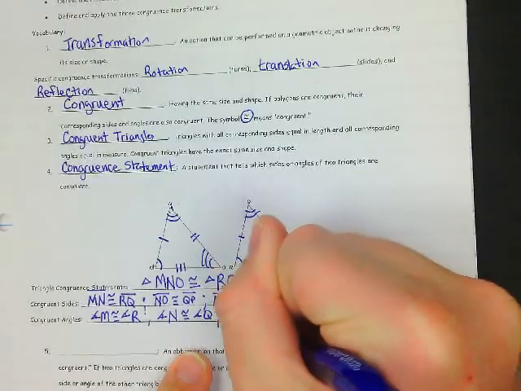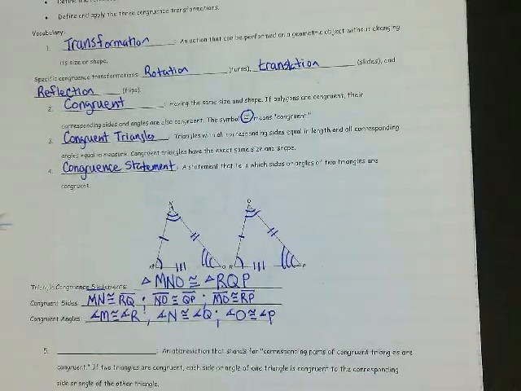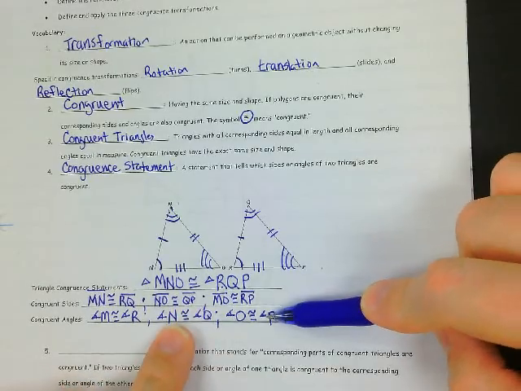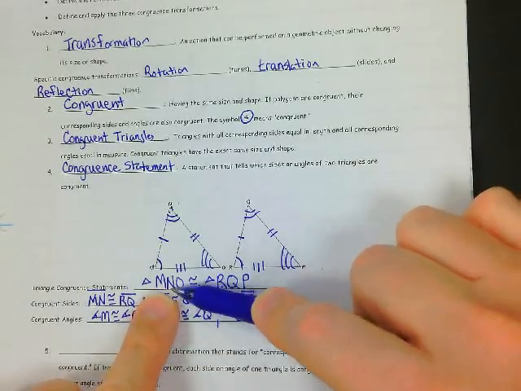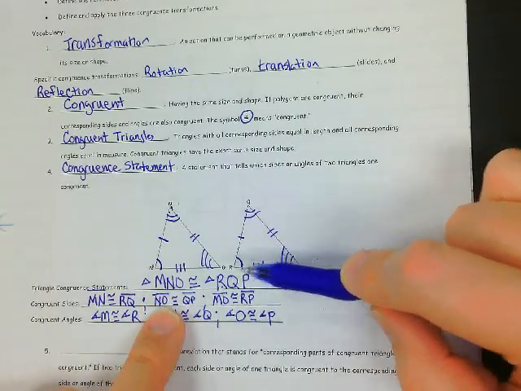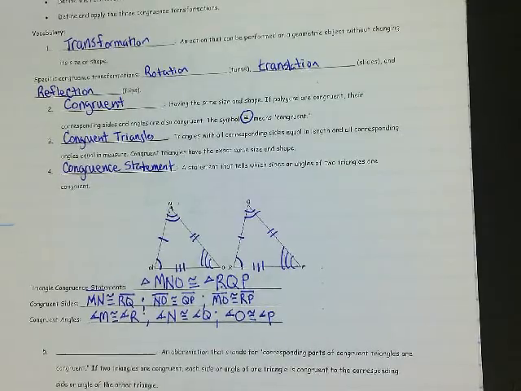So we'll say that angle O is congruent to angle P. Okay? So that's how you're going to determine what sides go with what sides and what angles go with what angles, just by looking at the lettering of your congruence statement. The congruence statement will tell you everything you need to know. Okay? Is that cool?